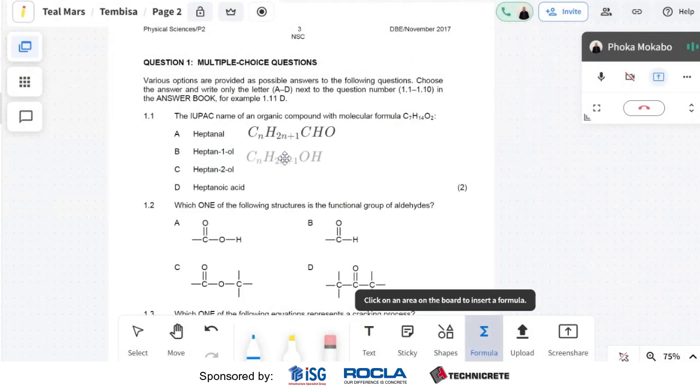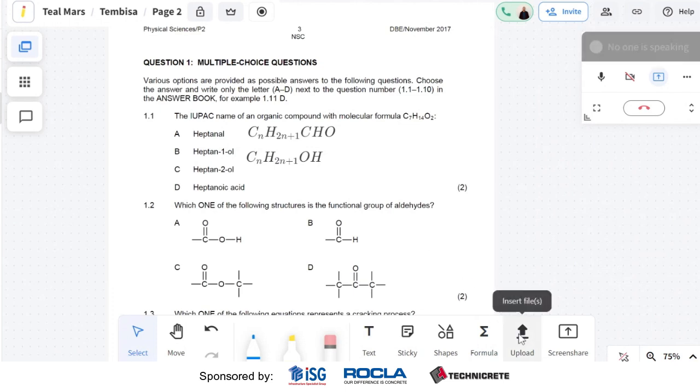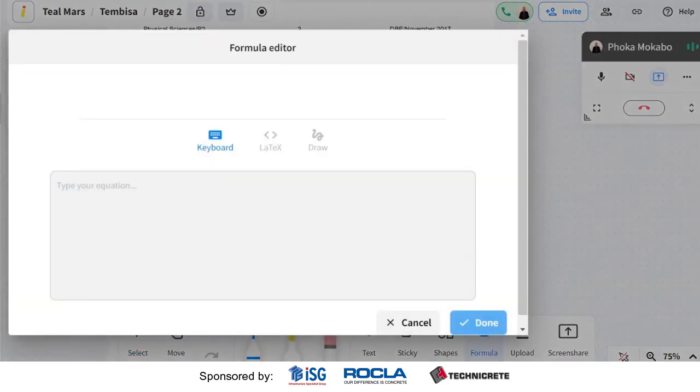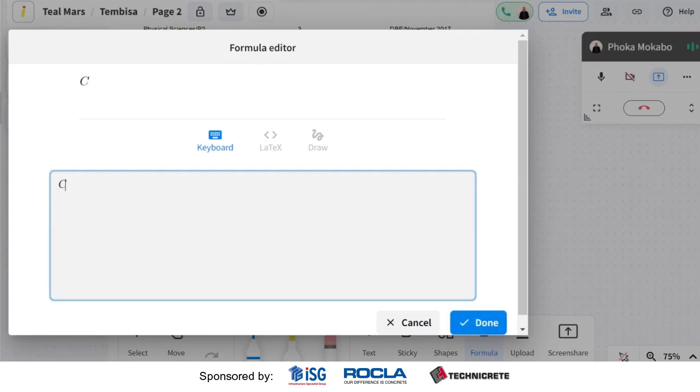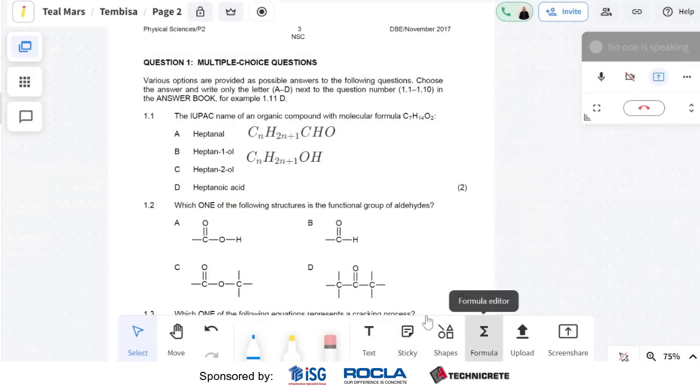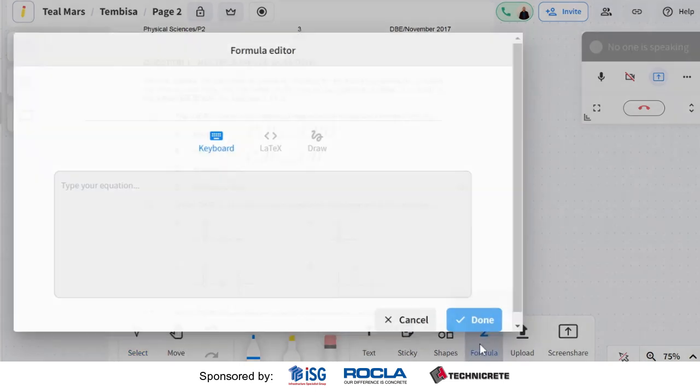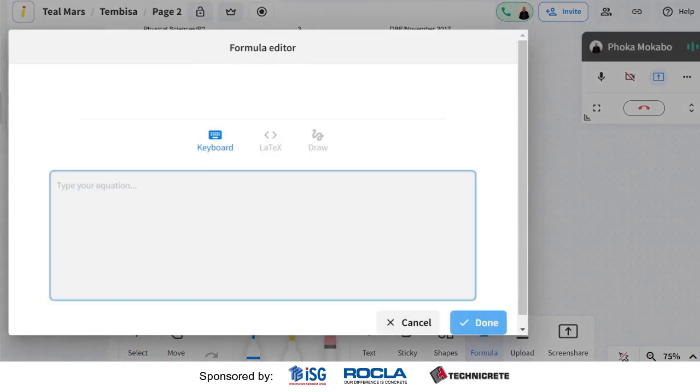So that will be for both of these. And for a carboxylic acid, the main difference is that they will have two oxygens.